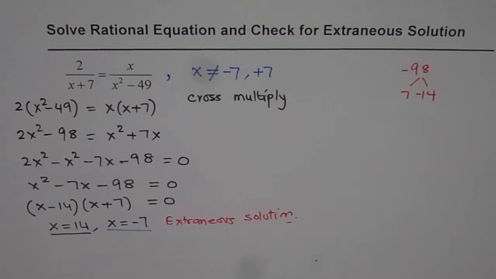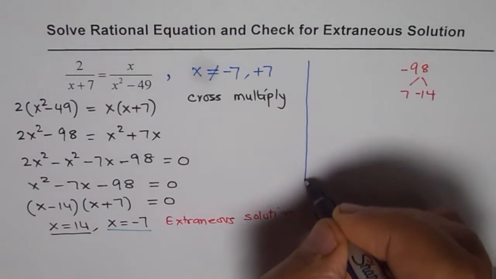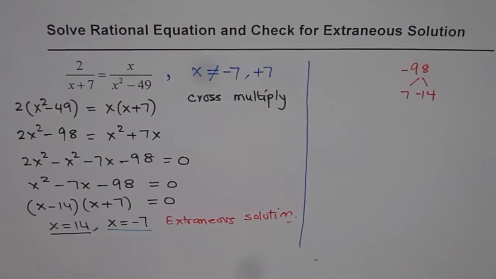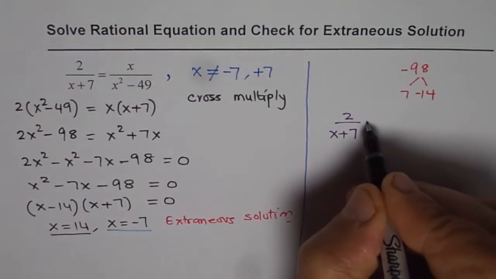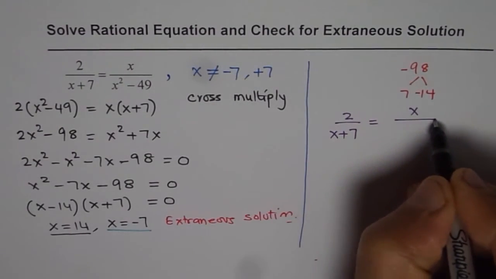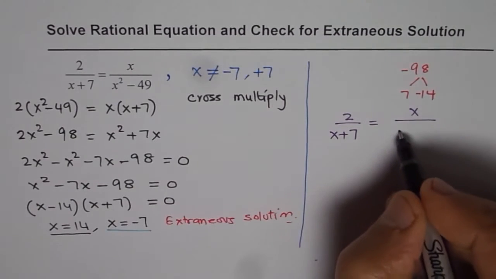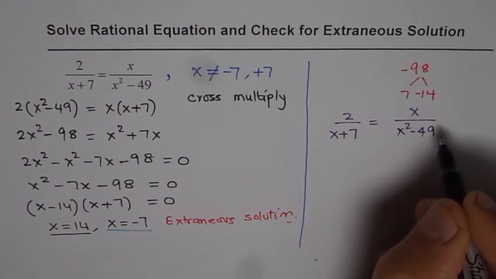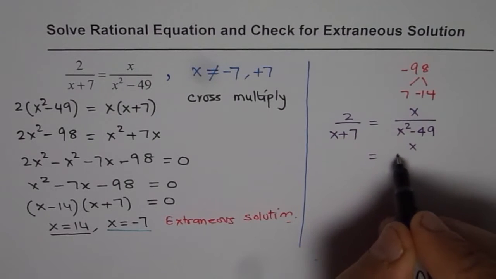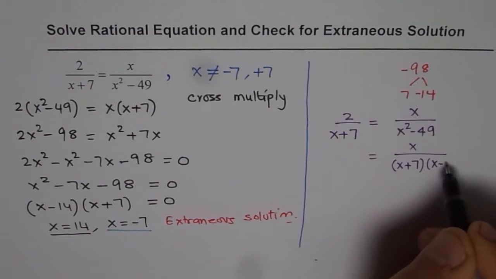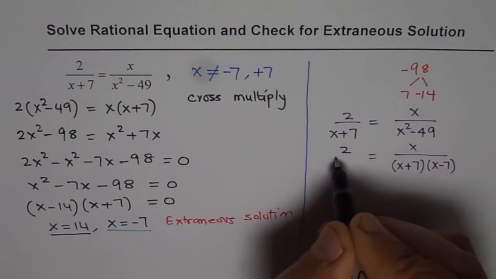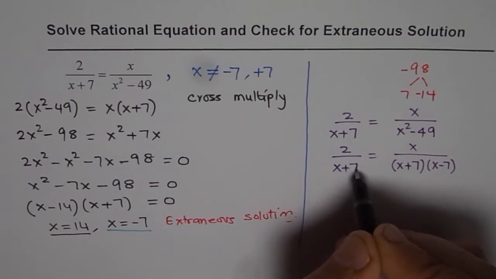Now, let us investigate and figure out the reason for getting this solution. We started with the equation 2 over x plus 7 equals x over x squared minus 49. Now x squared minus 49 could be written in factored form as x plus 7 times x minus 7. And here we have 2 over x plus 7.